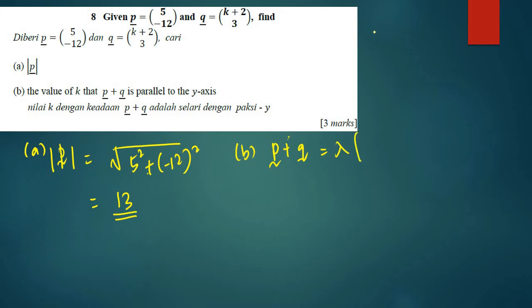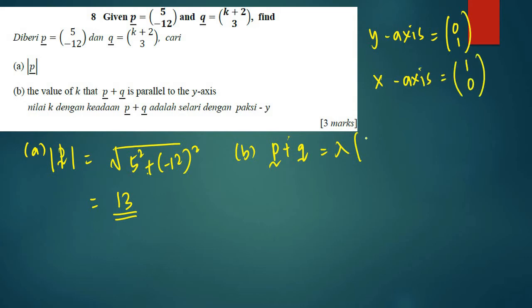For the y-axis, in vector form, we can write 0, 1, while the x-axis is 1, 0. So this is 0, 1. So what is vector p? 5, negative 12. Vector q is k plus 2, 3.